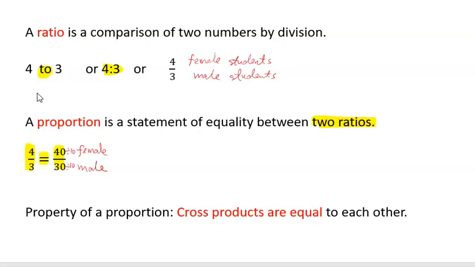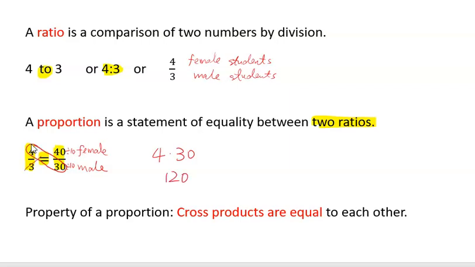Okay, and a proportion has a very good property: cross products are equal to each other. For example, if we look at the left top, which is 40, times the right bottom, 3, we get 4 times 30, that is 120.